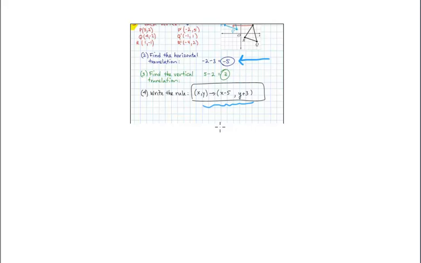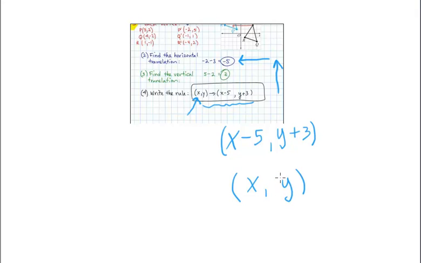So when we start at 0, 0, which is here, we do x minus 5 because we're moving to the left. So x minus 5, our starting point minus 5, becomes our final x value. And then our y value, we moved up 3 units. So that's y plus 3 becomes our final y value.